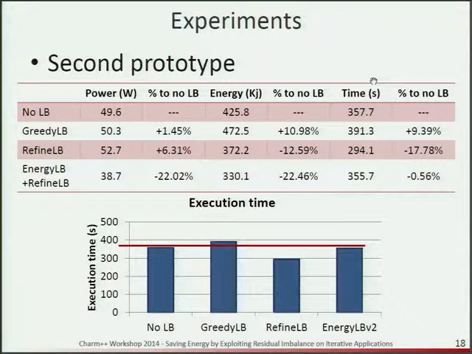And this happens because we have 3 virtual processors per core, and we're only doing migrations inside one socket. So we have like 24 tasks to divide between these 8 cores inside the socket. And this was not enough for this kind of approach to work. So we're focusing on some of these issues for future work.